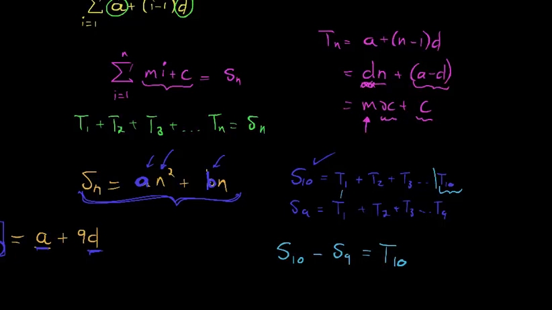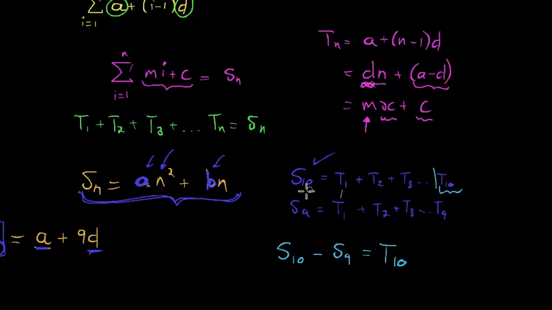Does it make sense? Can you hear? S9 is terms 1 to 9. S10 is terms 1 to 10. So S10 has all the terms of S9 plus term 10. That's why the difference between S10 and S9 is term 10.